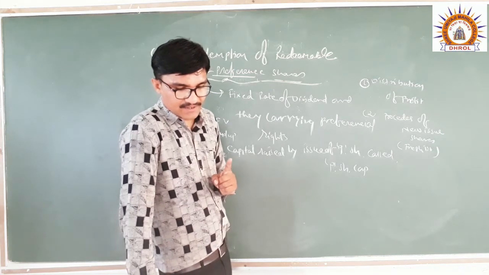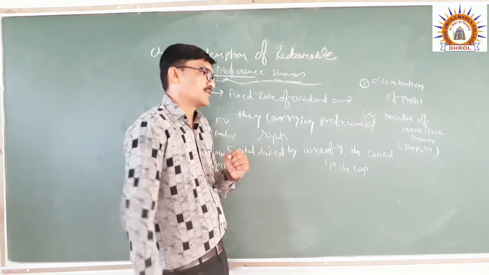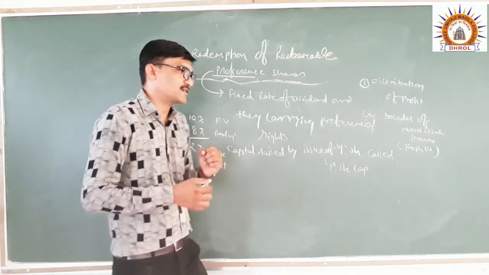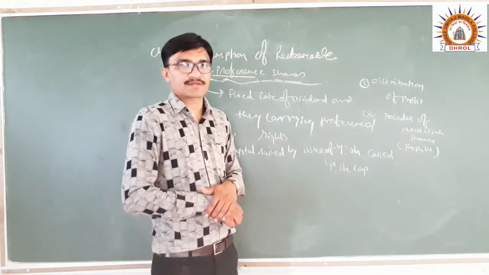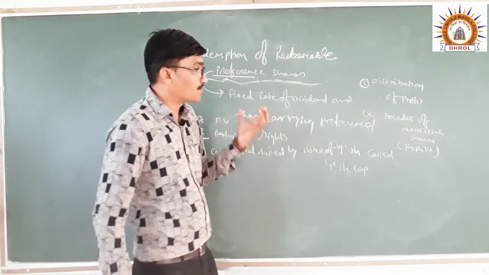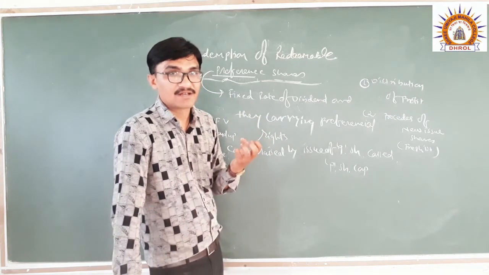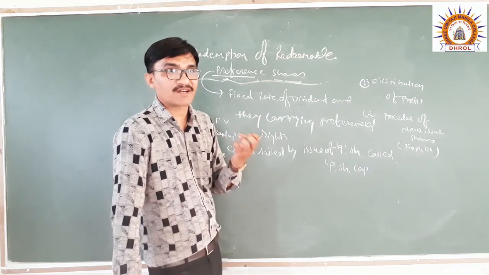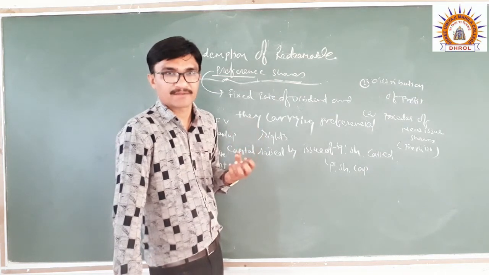And even if there is a loss, the payment should be made to the preference shareholders. If the company redeems its preference share capital with a premium, the premium on redemption is a loss for the company, right?